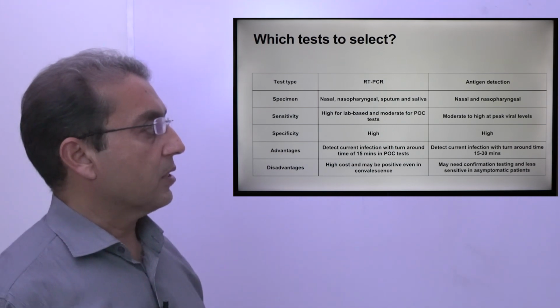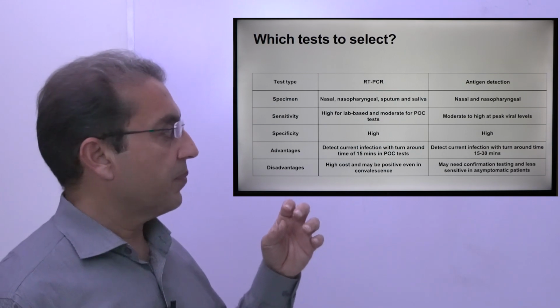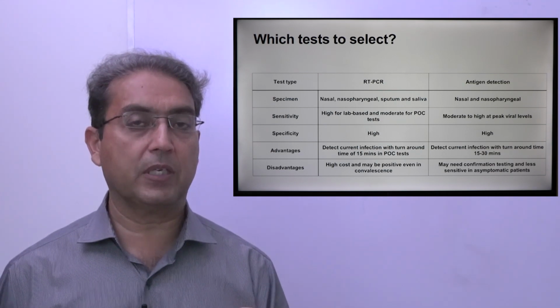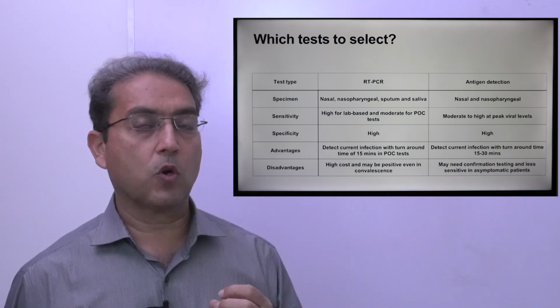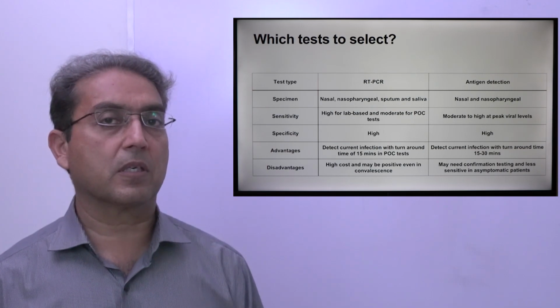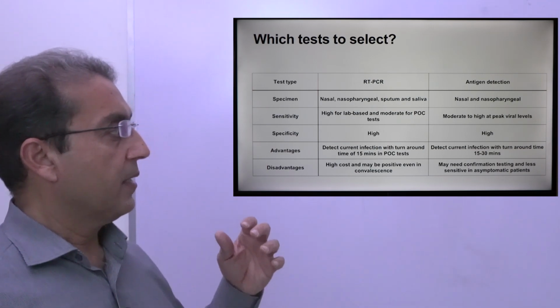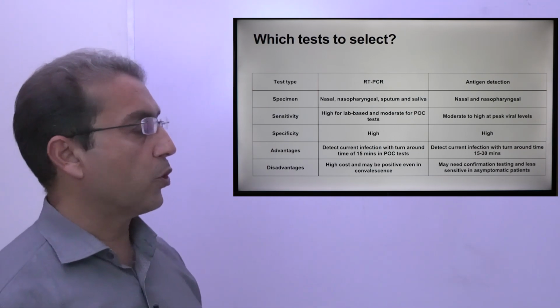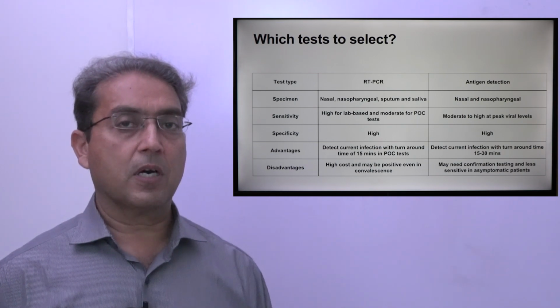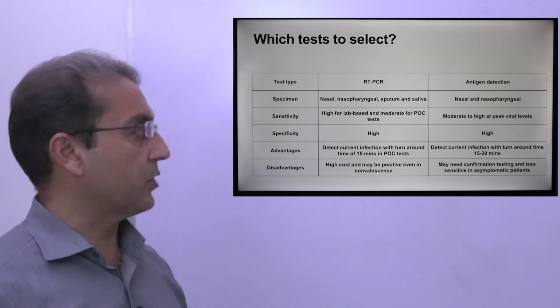The antigen detection problem is that it has a sensitivity which is moderate to high when viral replication is at the peak, but when the replication is at the lower ebb, the antigen detection has a modest or moderate sensitivity. The specificity of both these tests is quite high. The reverse transcriptase PCR and the antigen both have high specificity.